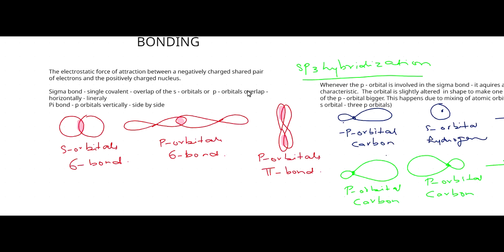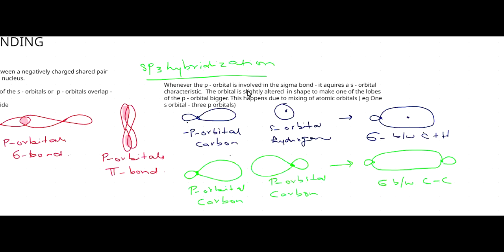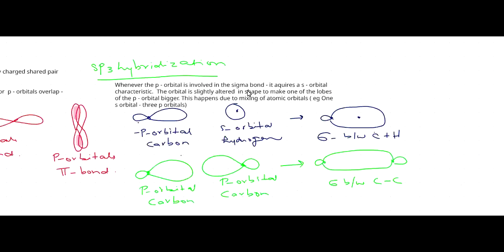All right. So we can have a sigma bond, which can happen because of s orbital or p orbital. We can have a pi bond, and in cases where a p orbital is involved in making a single covalent bond, we might see sp3 hybridization, in which case it will mix with the other atomic orbitals.